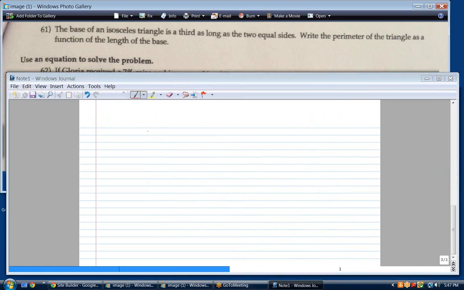Okay, we have an isosceles triangle, meaning that side's equal to that side. The base, this is the base, is 1/3 as long as the two equal sides.